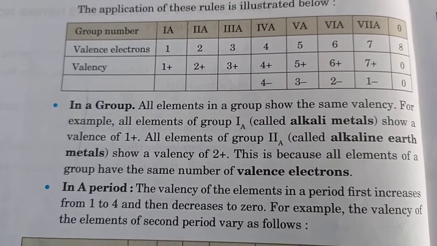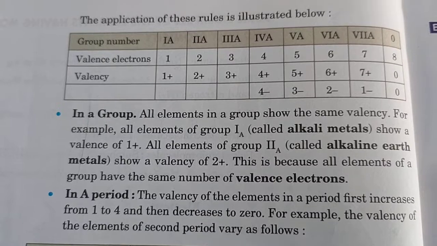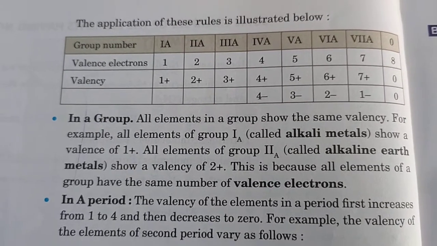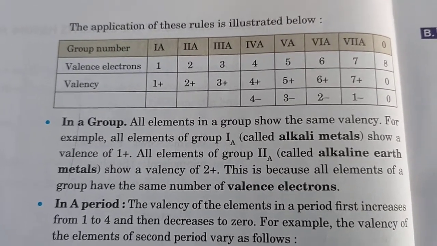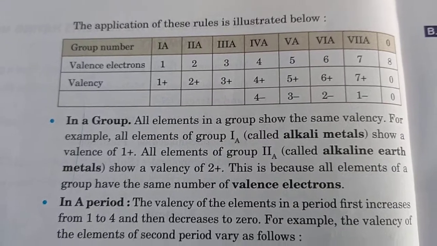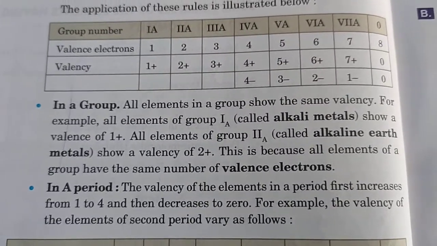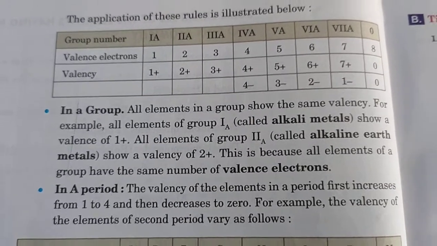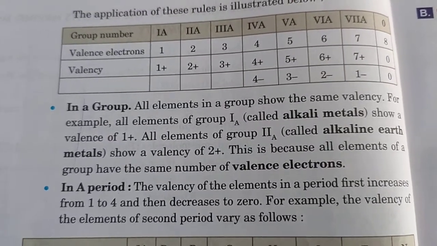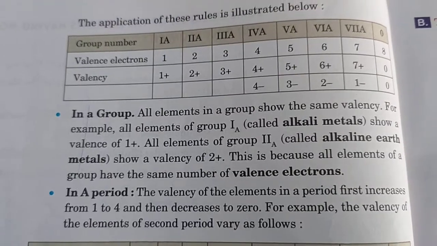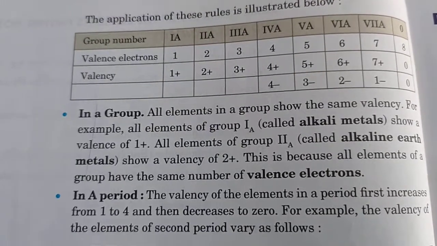For example, alkali metals, that is group 1, have +1 valency, meaning all the elements present in group 1 have valency 1. Similarly, all the elements in group 2 show valency +2. This is because all elements of a group have the same number of valence electrons.